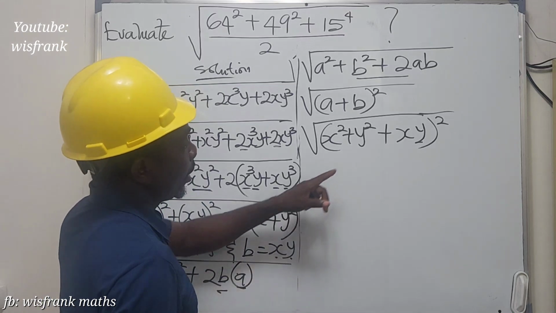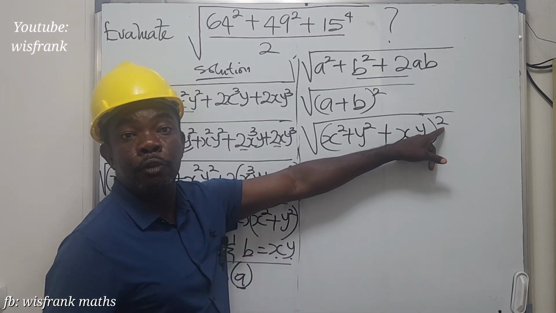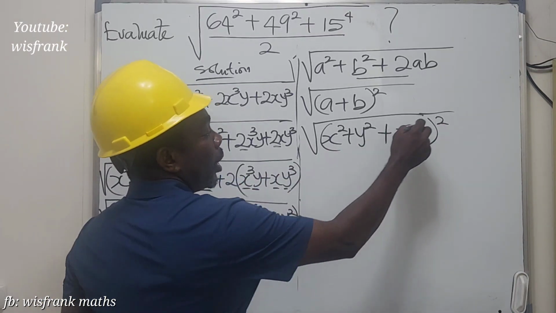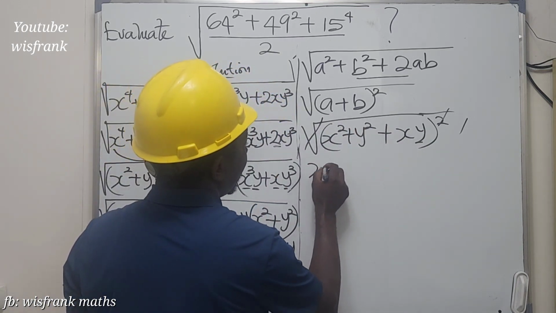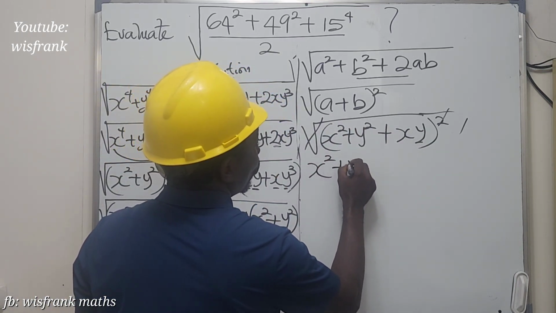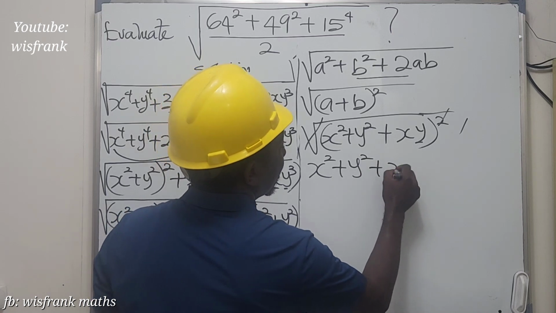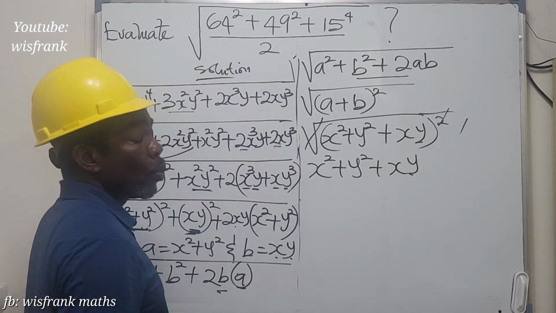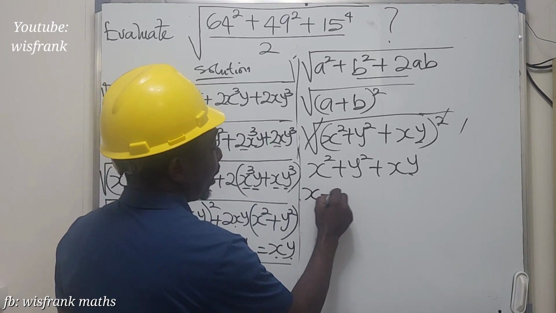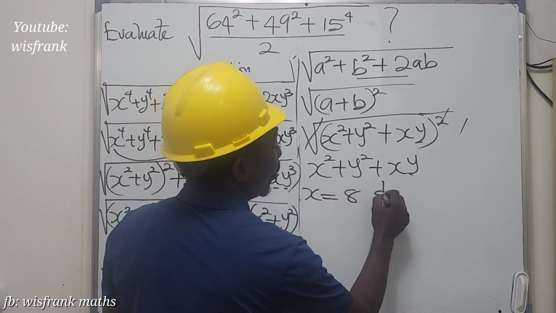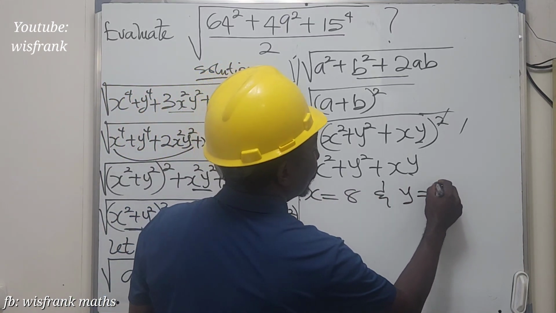So in this case, we have power of 2 here, and we have square root. So this will cancel here, and this will cancel here. So we are now left with x to the power of 2 plus y to the power of 2 plus xy. We recall that we said that our x equals 8, and also our y equals 7.